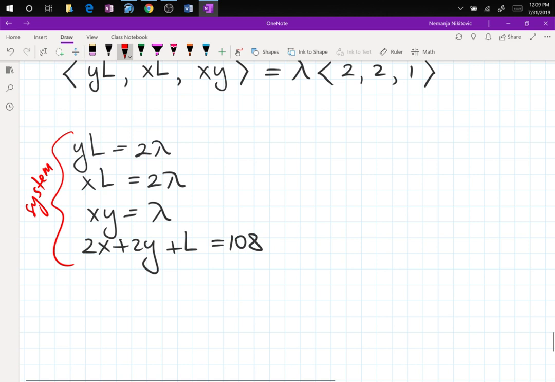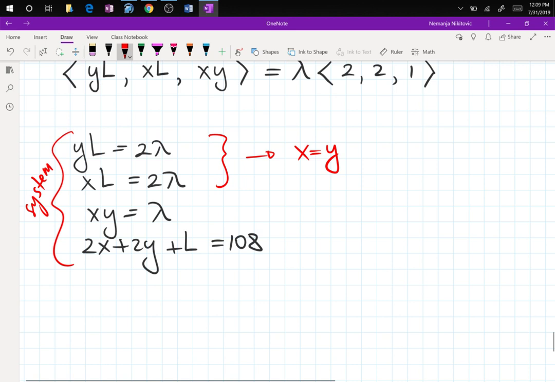And I am happy because there is a symmetry here. And that spells that x is equal to y, because, just take a look. We know that x or y or L cannot be 0 because these are all lengths of a package. Like, imagine if any one of the lengths in this classroom was 0.